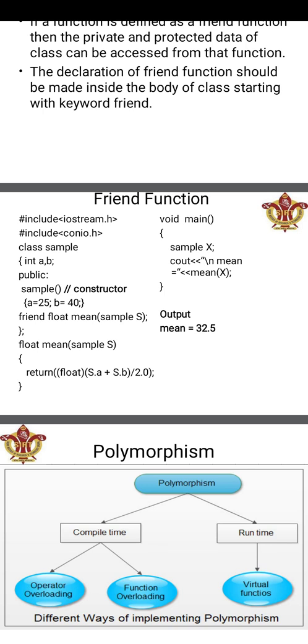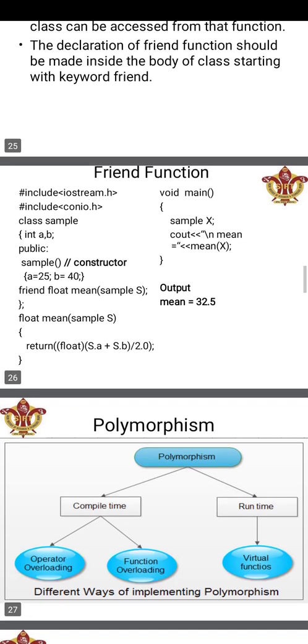The advantage of using this constructor to initialize the values is that we don't have to specifically call any function. Whenever we declare the object of this class, the constructor will be called automatically, and the values will be initialized automatically. So we don't have to make a specific call to any function for initializing it.